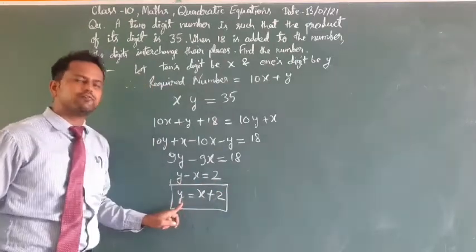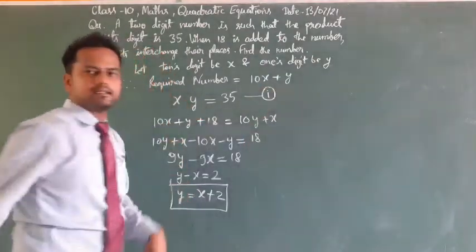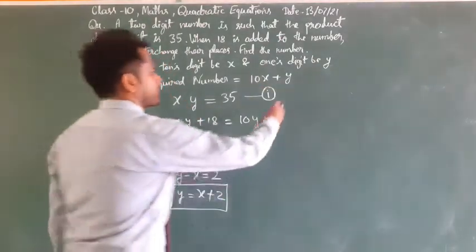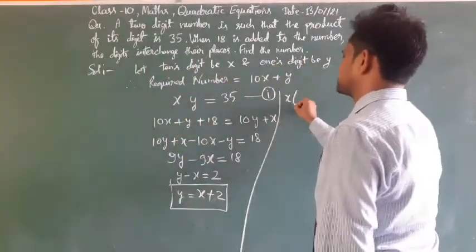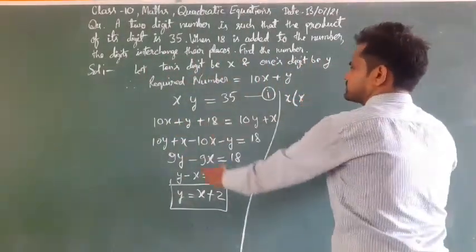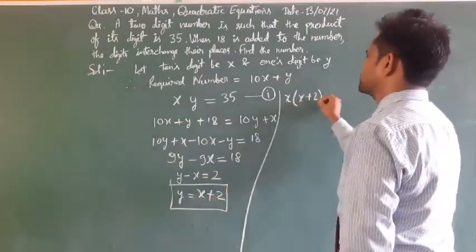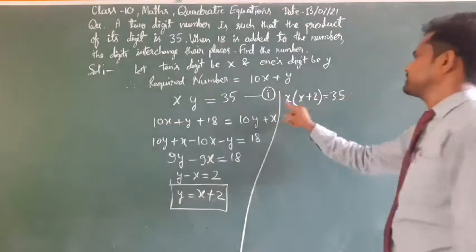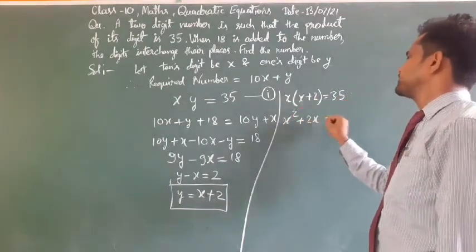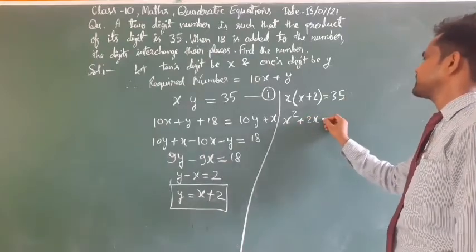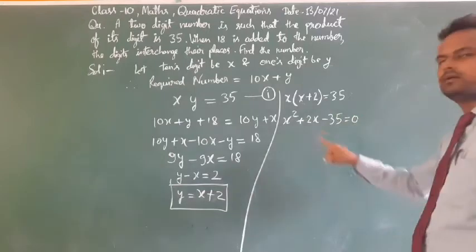Put the value of y in equation first, then we get x into (x plus 2) is equal to 35. Multiply this, we get x square plus 2x, and transpose 35 to the left side, we get minus 35 equal to 0.